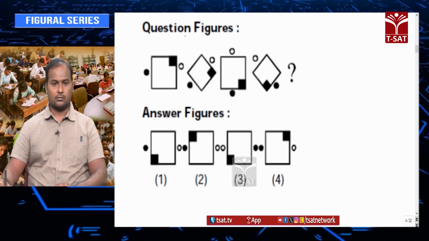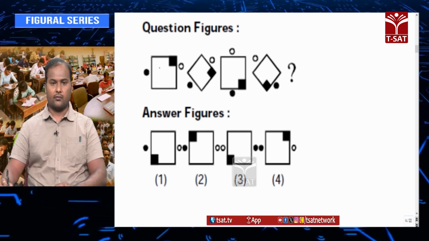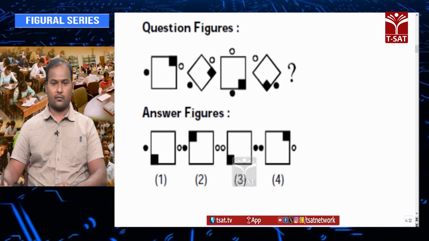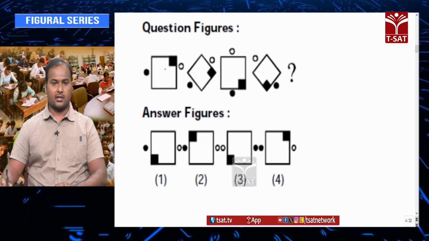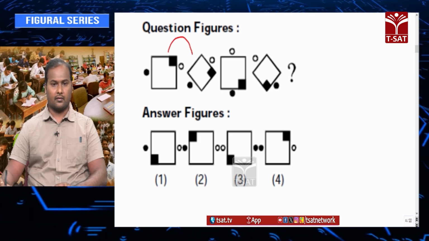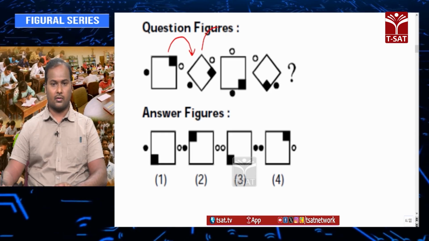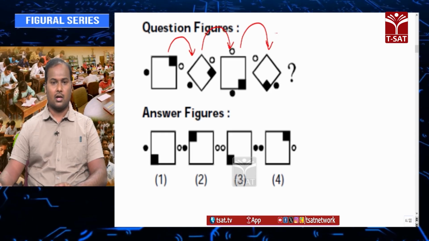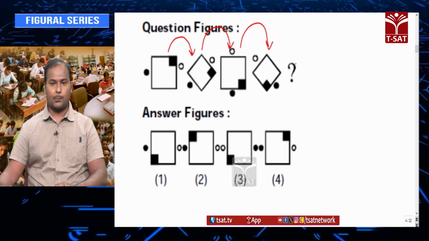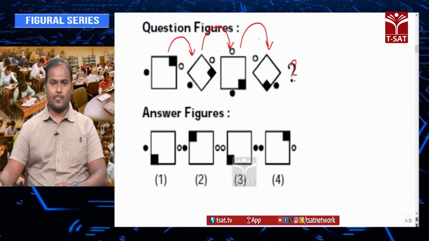In this question, figures are given in one particular order and we are asked to find the answer figure. As I said, in a series you observe the change from one figure to the next, then from that figure to the next, and whatever observation you did, apply it to get the answer.